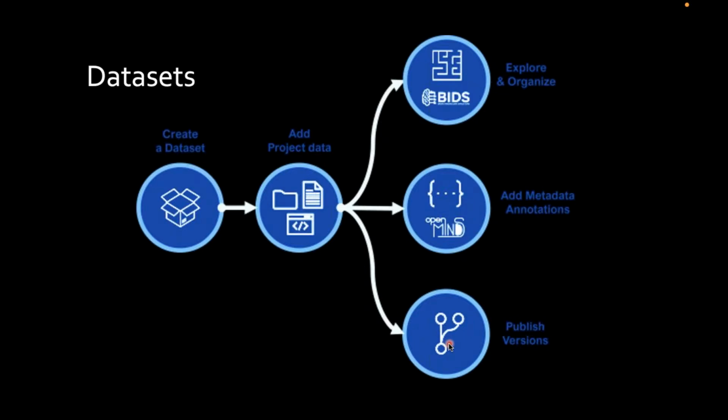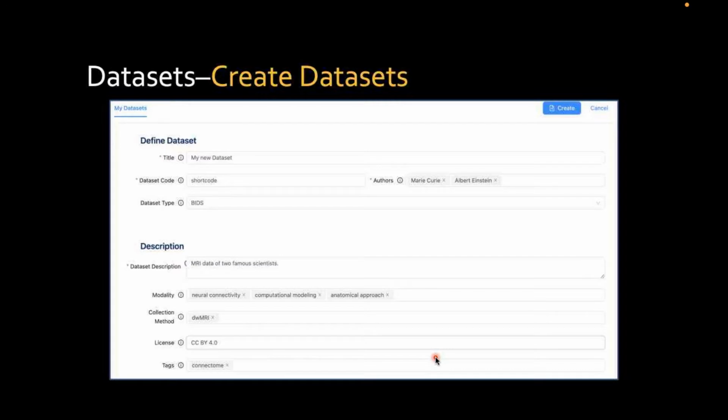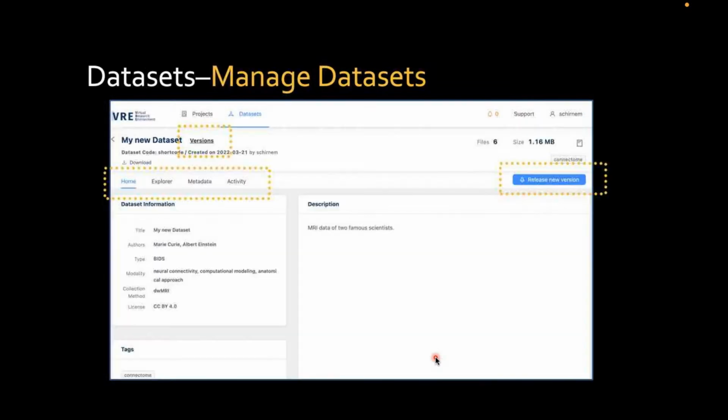A data set is basically, the idea behind this is that data is organized according to a data standard. BIDS, for example, the Brain Imaging Data Structure, is a schema that describes how the actual data files like MRI data, EEG data, and so on should be organized and how the file names should be called.